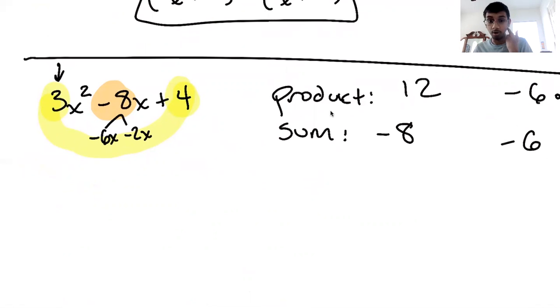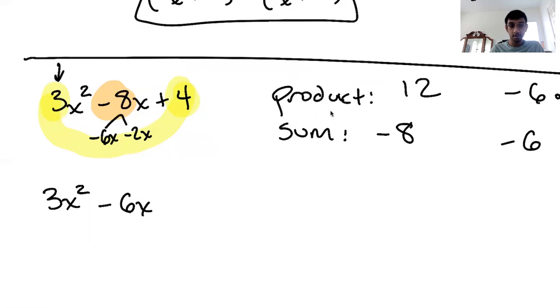That's what we were doing all along. So now we want to actually split this whole thing into 2 parts, so we're going to write this out as 3x squared minus 6x minus 2x plus 4.